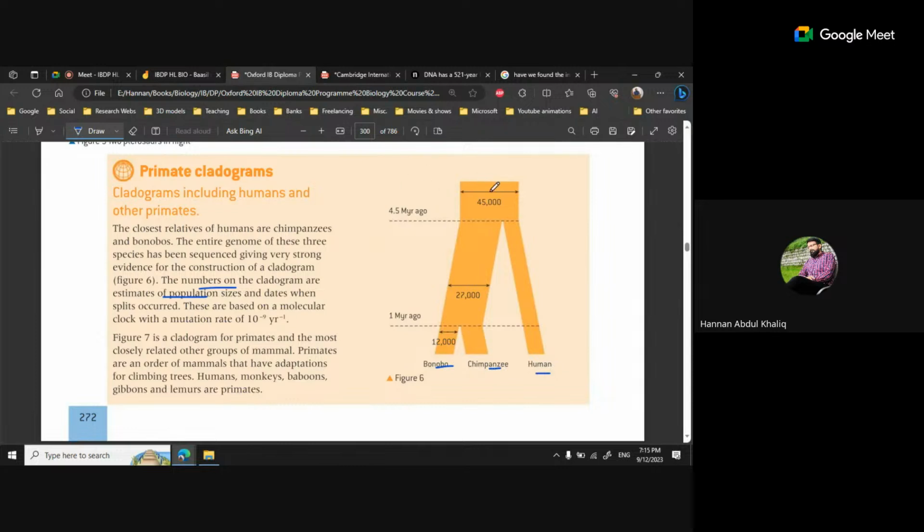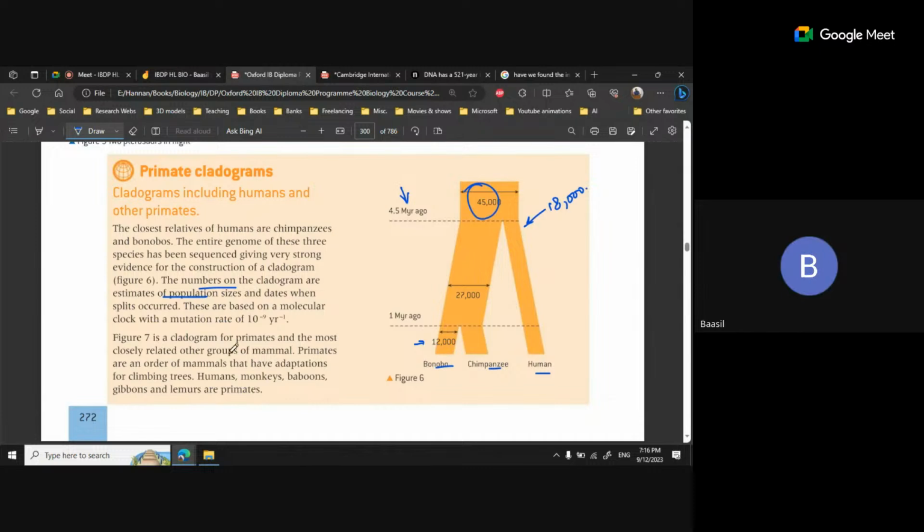Their ancestor had 45,000 individuals, out of which 27,000 got separated 4.5 million years ago, and the rest, about 18,000, remained. And the 27,000 got separated, maybe due to sympatric or allopatric speciation, and 12,000 were here, and the rest were in the chimpanzee group, and the same for the human.